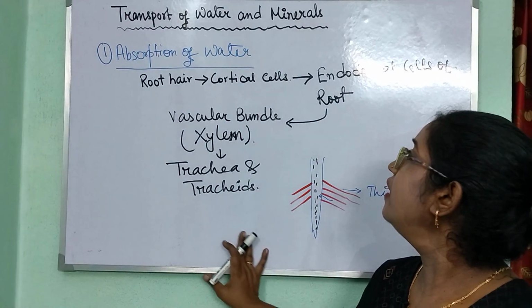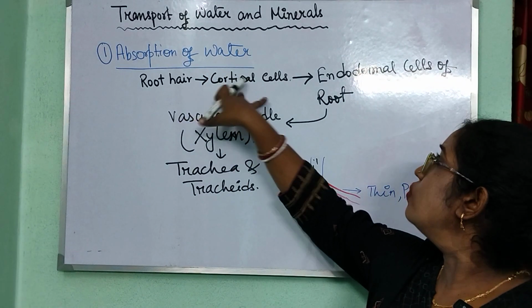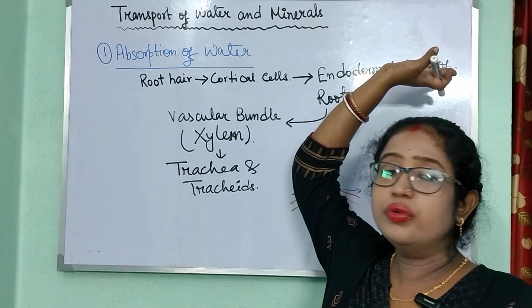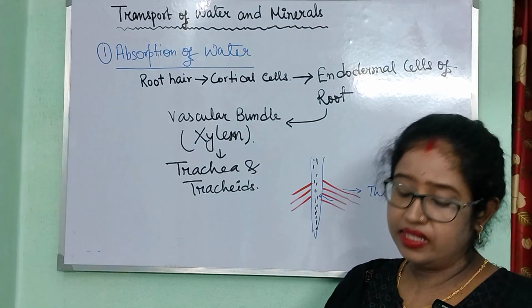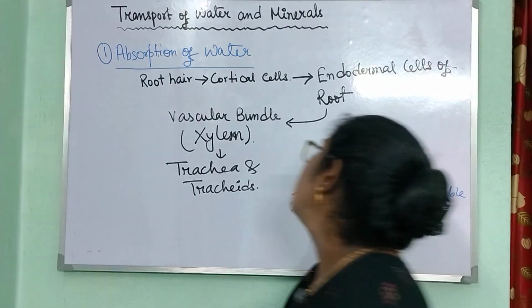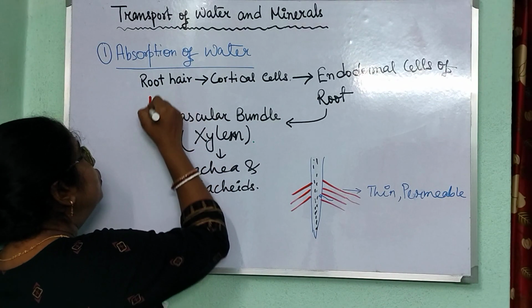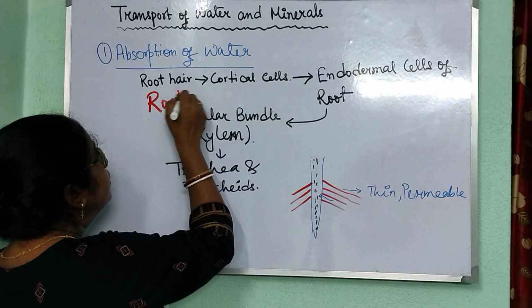The pressure created in the cortical cells that forces the water to enter into the endodermal cells is known as the root pressure.